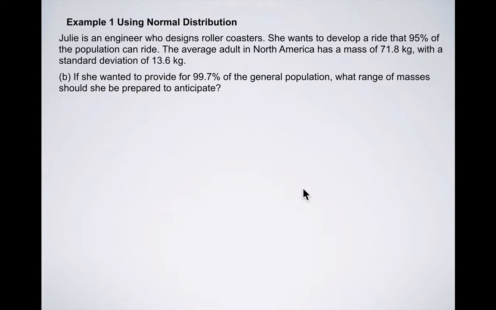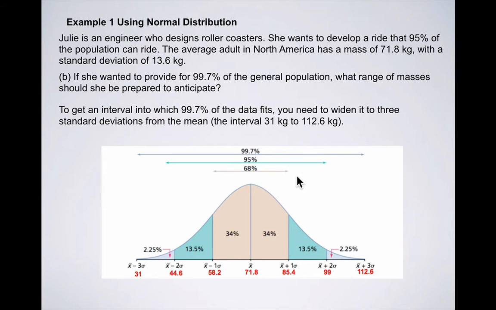If she wants to provide for 99.7% of the general population, what range of masses should she be prepared to anticipate? In this case, we're going to need to be within three standard deviations of the mean.